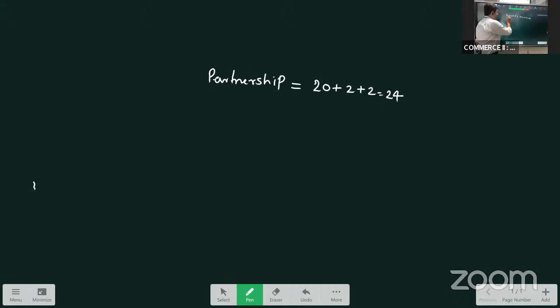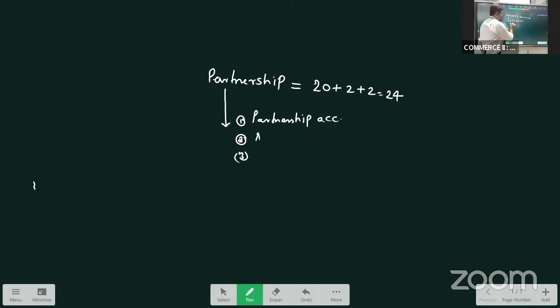This chapter, partnership accounts, is divided into 3 parts. First one is partnership accounts, where you'll learn the introduction of partnership and preparing final accounts of a partnership firm.